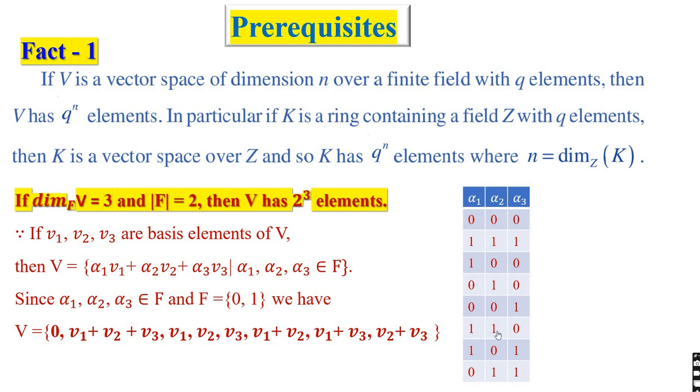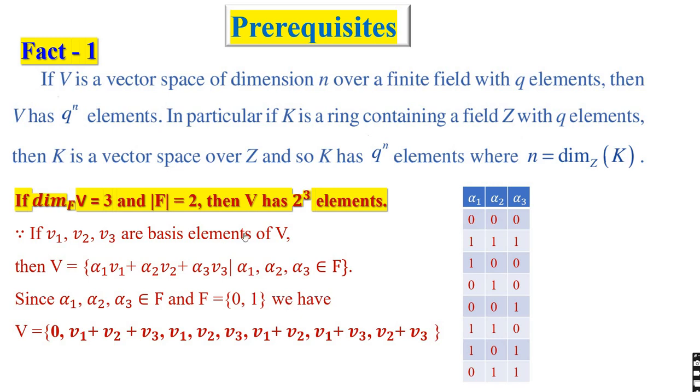When we substitute the values for alphas here, we list out the elements of V as this. So this V has 2 cubed elements.